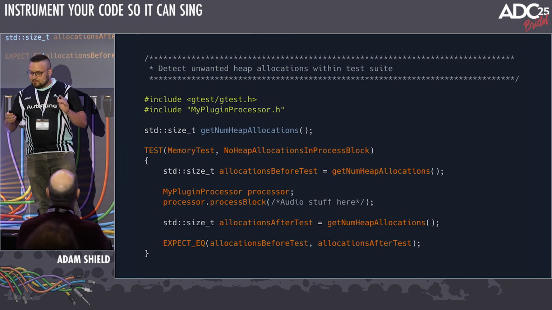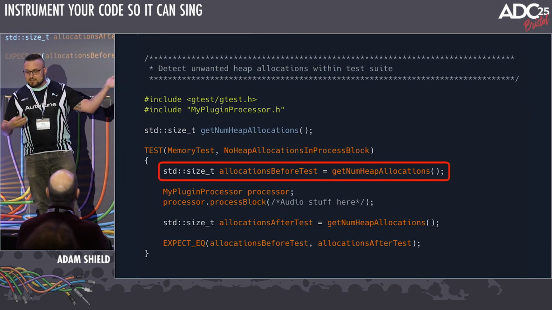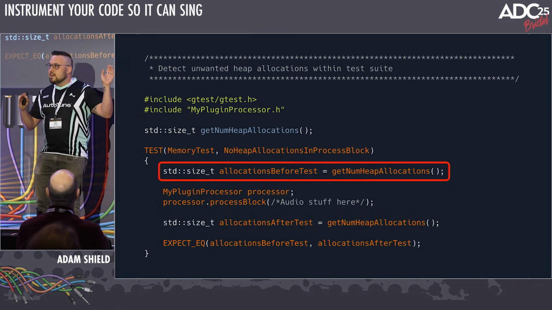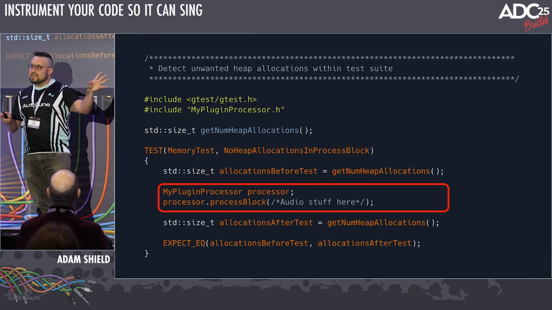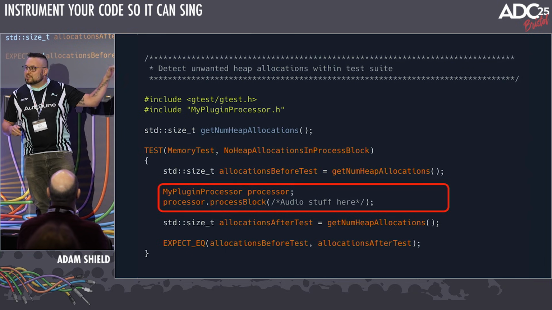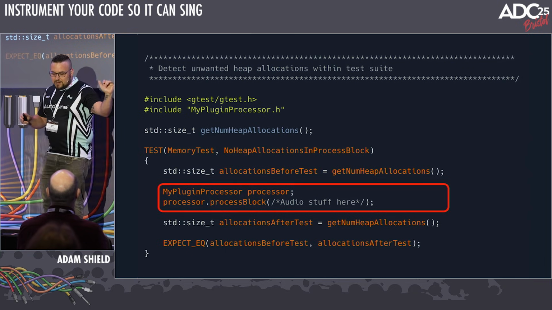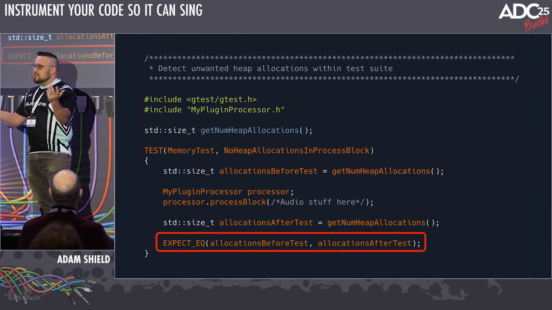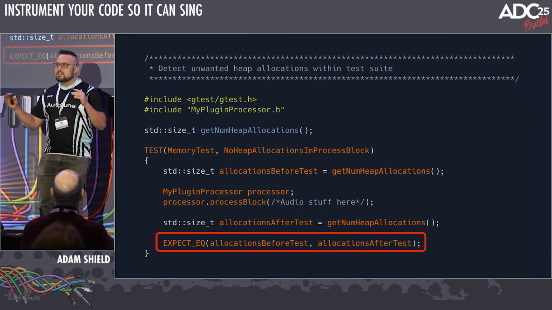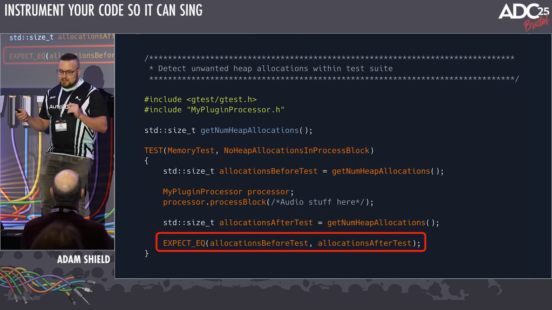So for the test, we could get how many heap allocations I've done, run the code that should not heap allocate. The constructor probably shouldn't be there, that's a mistake. And then test again how many heap allocations we've had, and then the test could be that the before and after values are the same.